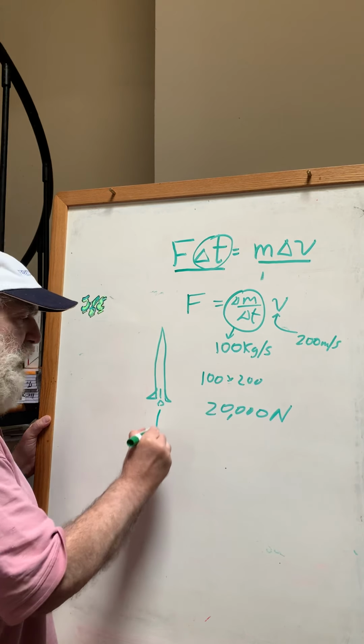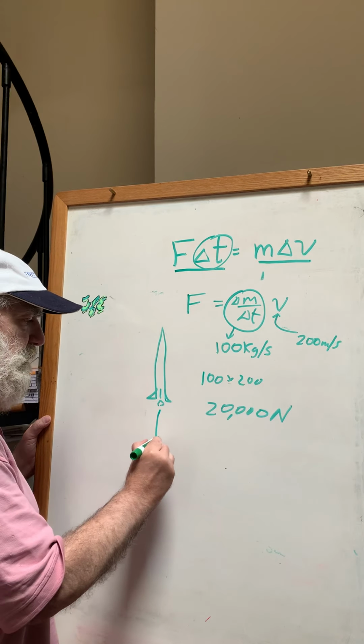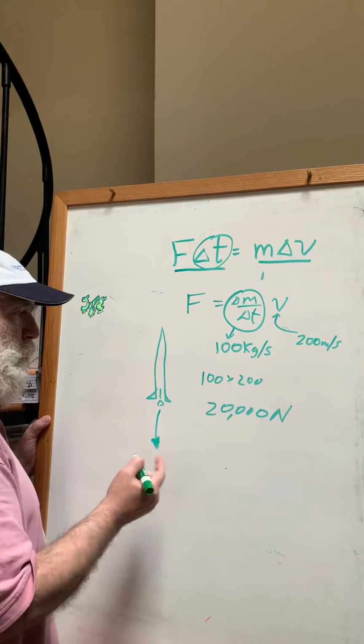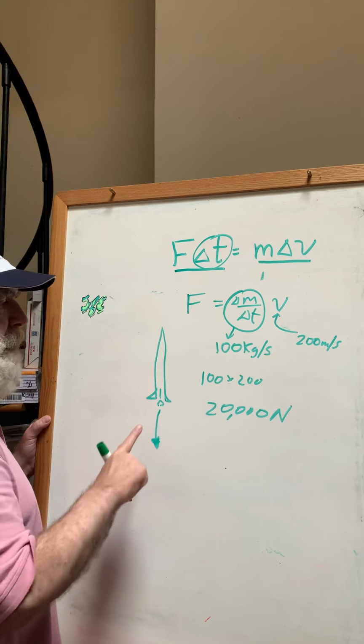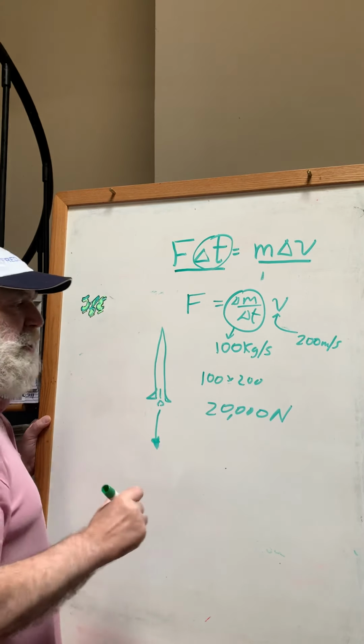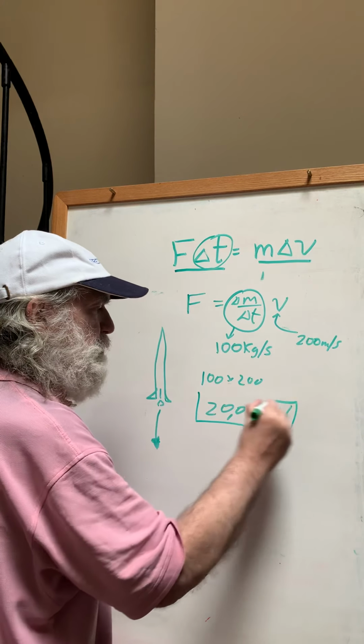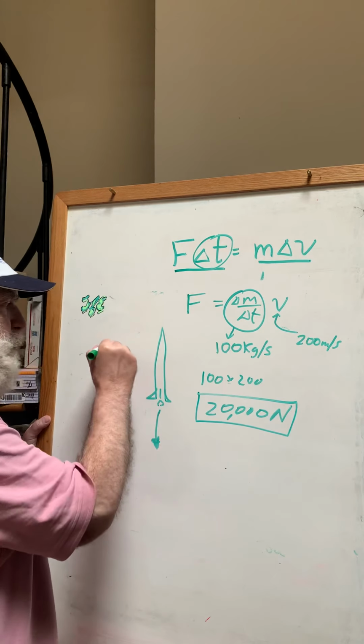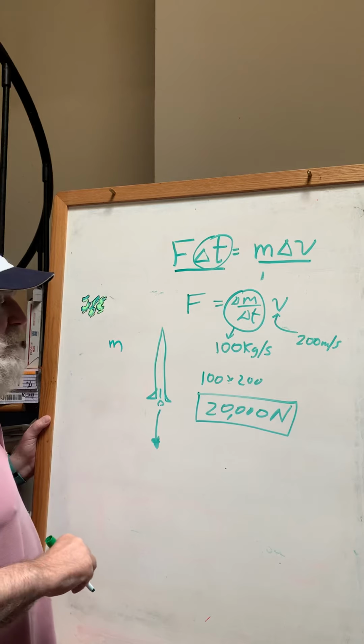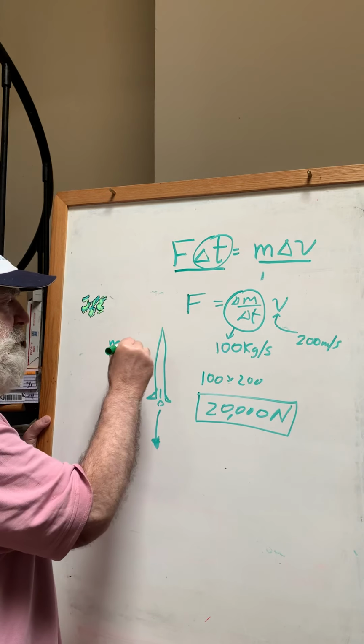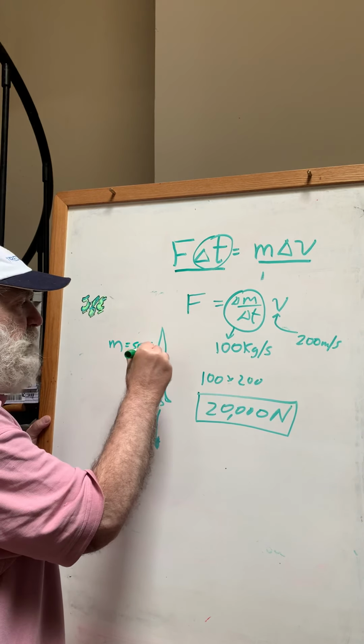Now that's the downward thrust, which is reacted upon opposite and equally to push the rocket up with 20,000 newtons of force. We have to ask what the mass of the rocket is. Let's say that the mass of the rocket is 50 kilograms.